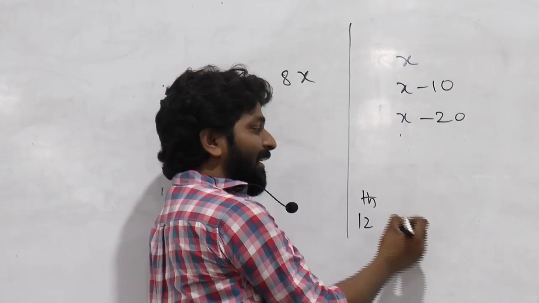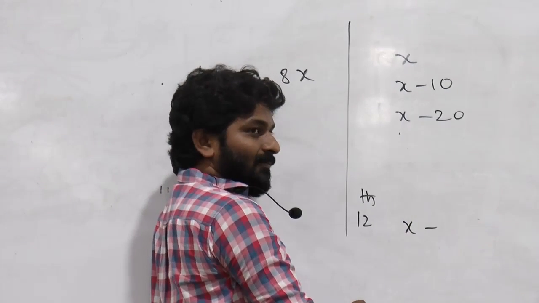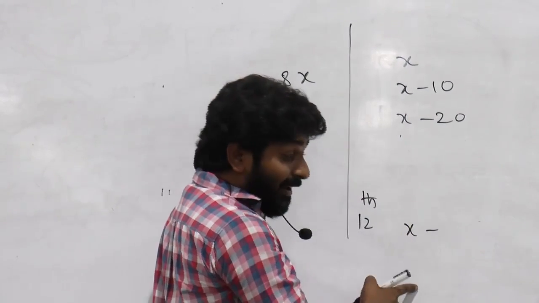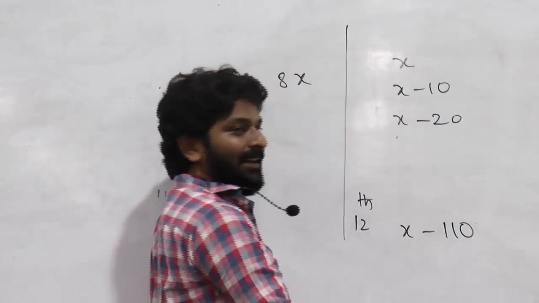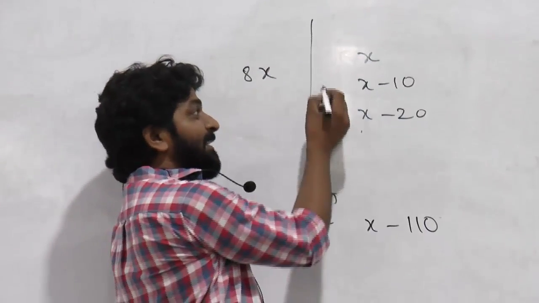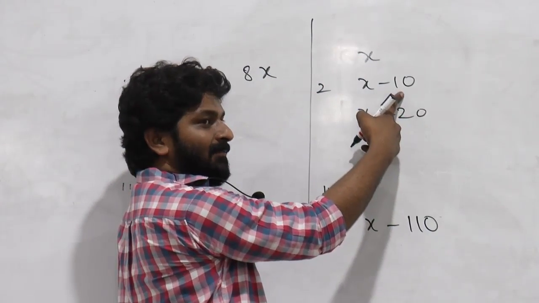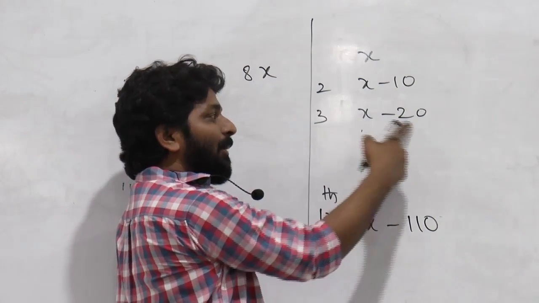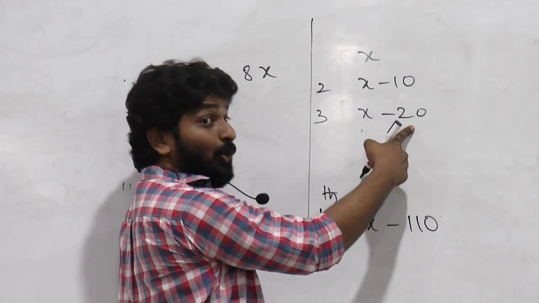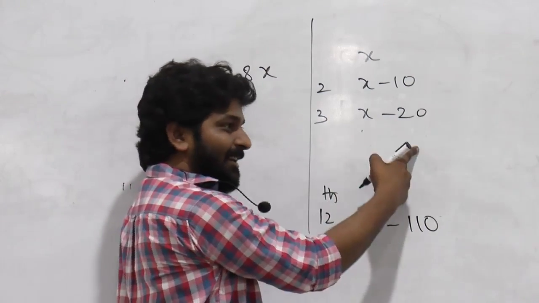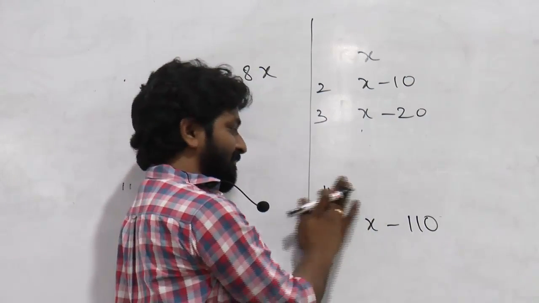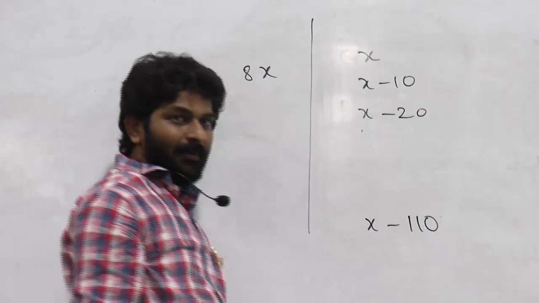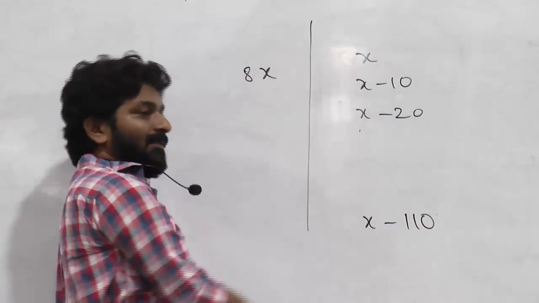On the 12th day X minus 110. Second day, how many 10s are there? Third day, how many 10s are there? 2 10s. Fourth day, 3 10s. 12th day, 11 10s. Okay? So the number of people worked here.